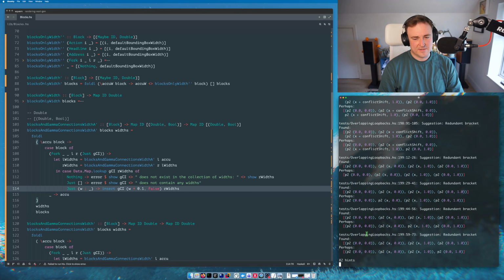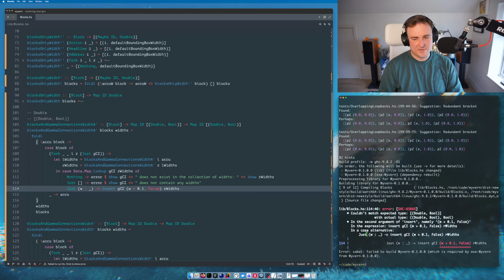It's red. Is it just a theme or is it an error? Oh, yeah. Oh, goodness. This is not a width. This is a pair.